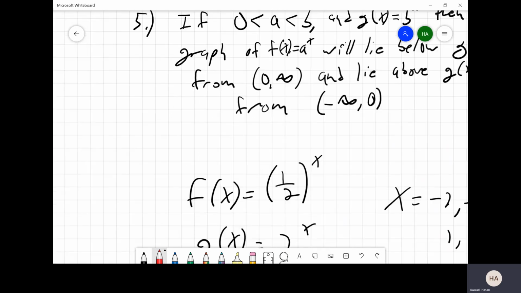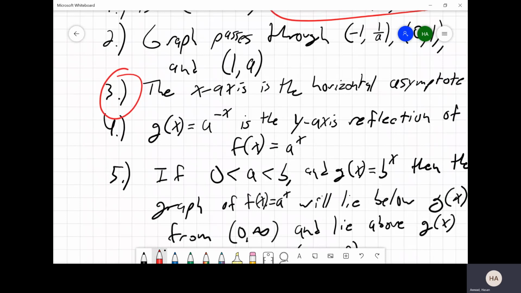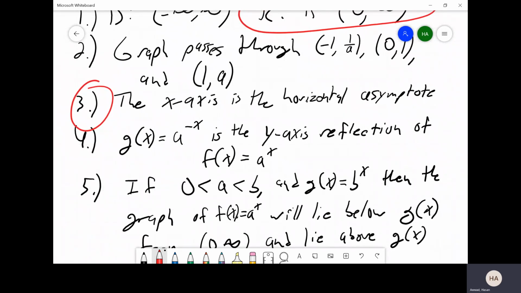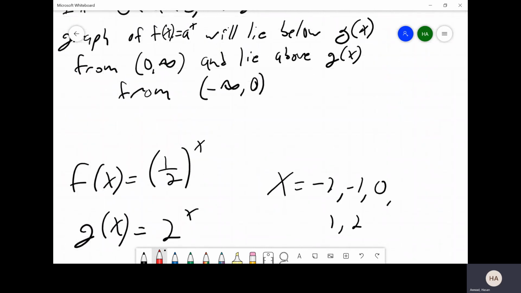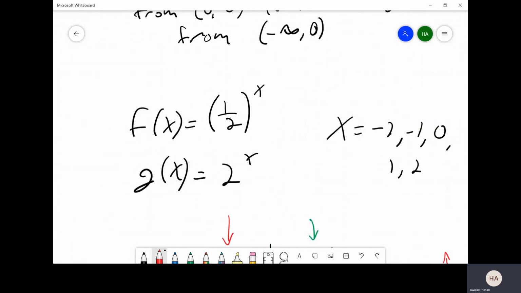And last but not least here, what I wanted to discuss is number 4, which is this whole y-axis reflection thing. So what did the y-axis reflection depend on? It depended on having the same base, but a negative version of the exponent, right? Well, when we're looking at our two functions, it doesn't immediately appear clear that we have the same base.